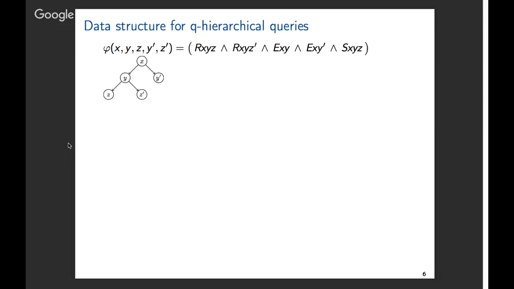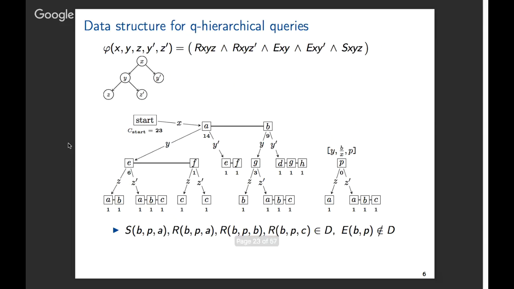So, for example, if we have this Q hierarchical tree without any existential quantifiers, then our data structure is some kind of factorized representation of the query result. So it somewhat mimics the tree structure of this query tree. And this allows us, for example, to enumerate all tuples with constant delay.